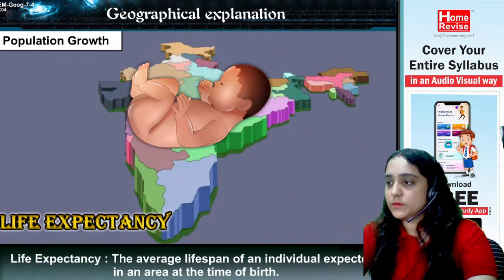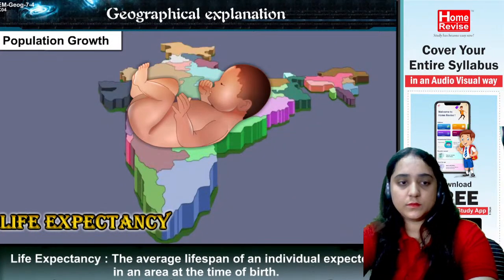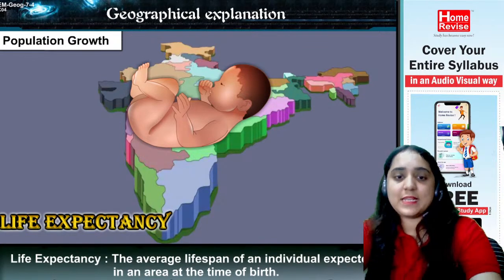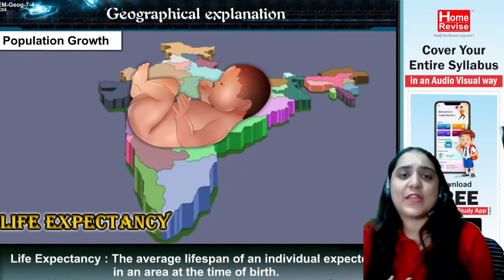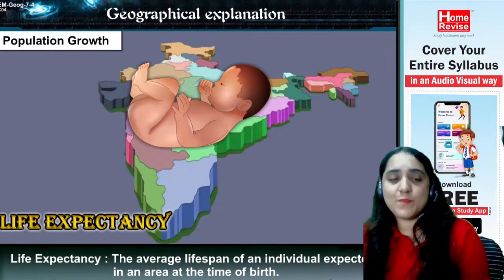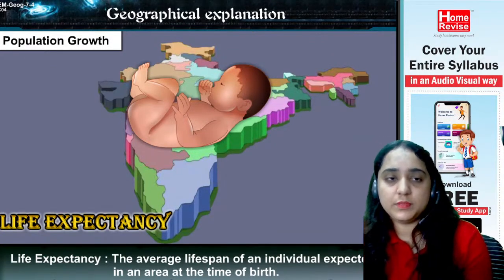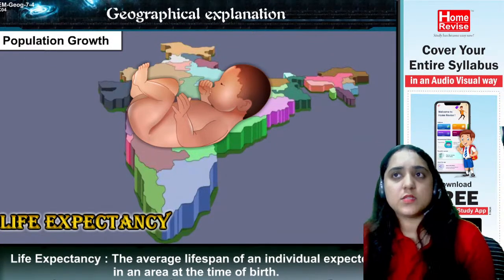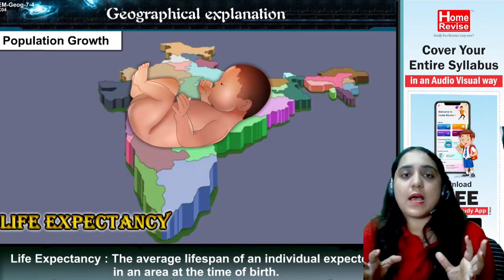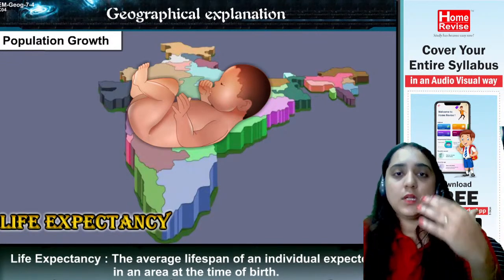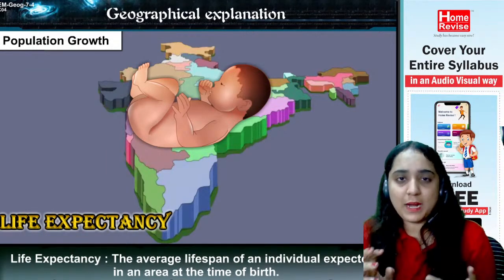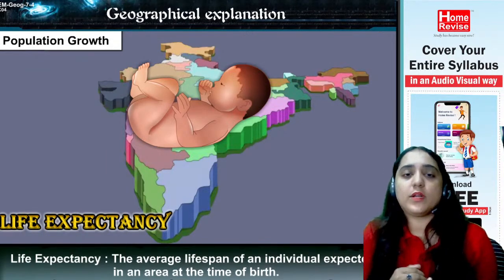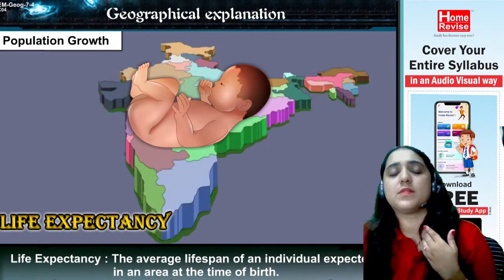Life expectancy. The average lifespan of an individual expected in an area at the time of birth. Okay, so when we say life expectancy, what does this mean? It means basically that, for example, if we talk about India, what is the maximum age a person can live?